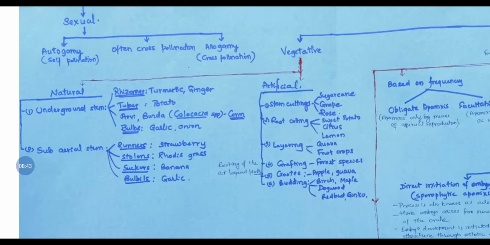Then grafting, generally done in forest species. Then guti. Guti is nothing but rooting of the air layered plants, practiced in apple and guava. Then budding is practiced in birch, maple, dogwood, redbud, then ginkgo.